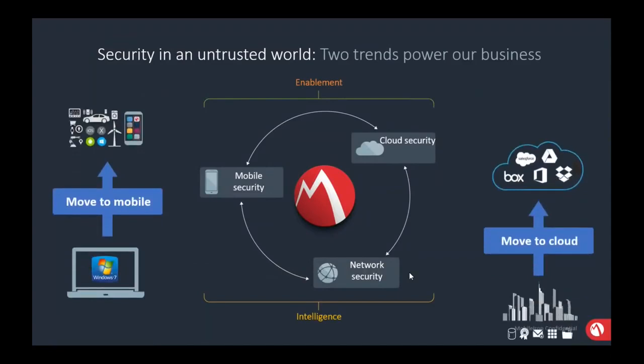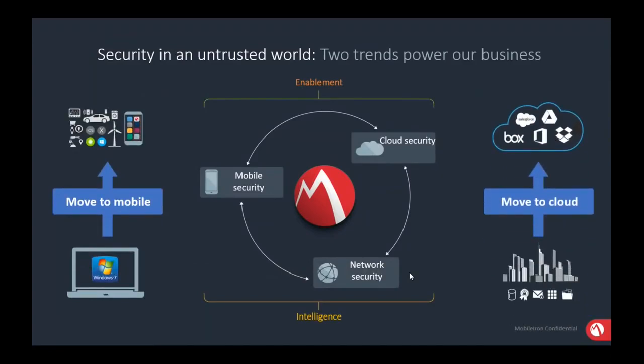Traditionally, people used laptops or desktops to access their corporate resources, and they started moving to mobile devices. Similarly, the infrastructure they have in on-prem data centers is also moving to the cloud.